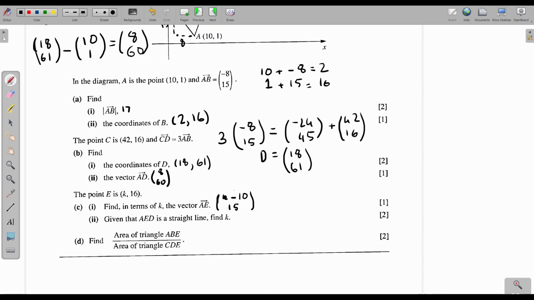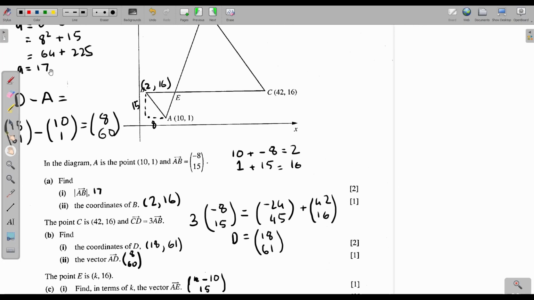Given that AED is a straight line, find K. So what this is basically telling us is that if we extend AE and multiply it by, let's say, an X, it will become AD, because it is a straight line. So we just need to find that ratio, right?